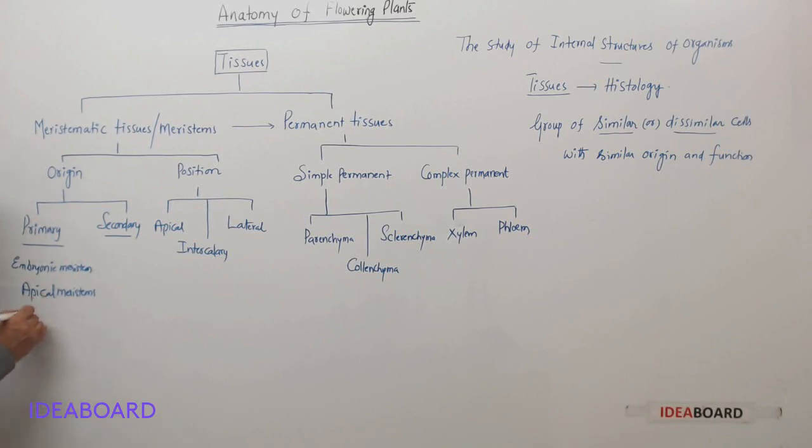And not only these apical meristems, while they are producing new cells, some cells do not become permanent. They remain in between these permanent tissues. So they are called intercalary meristems.